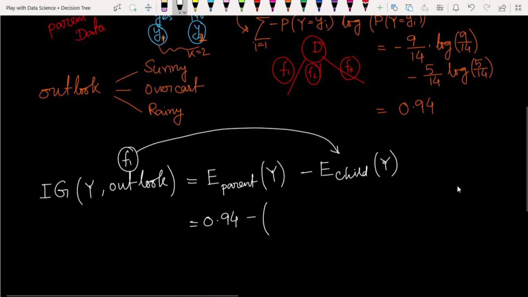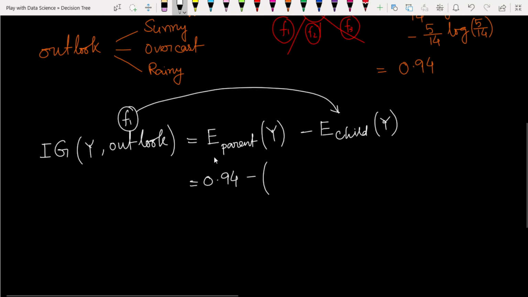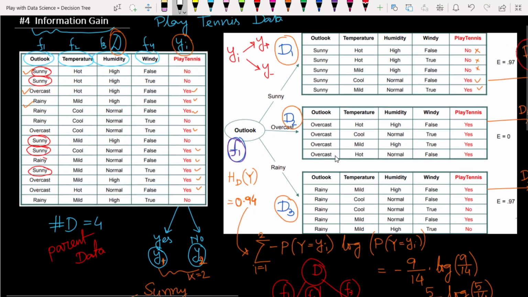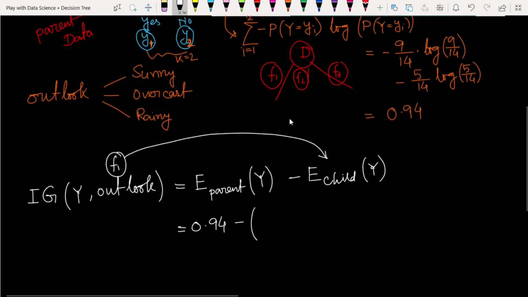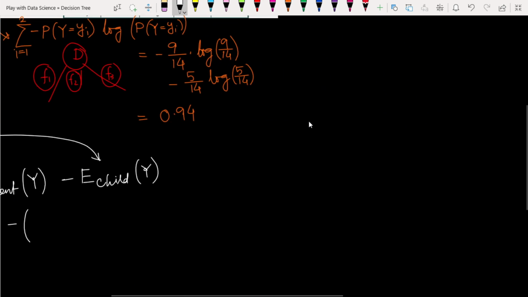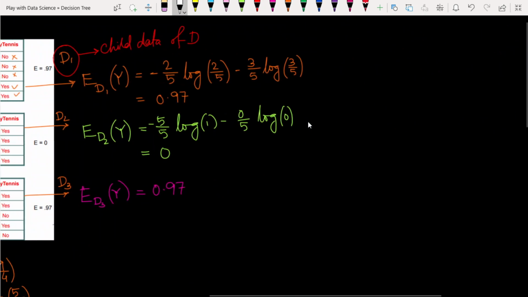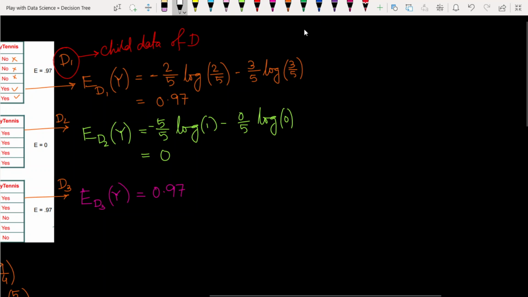Now one thing we have to remember: we have to weight it, how much weight we have to give each child. Here we have 3 children, the D1 child, D2 child and D3 child.